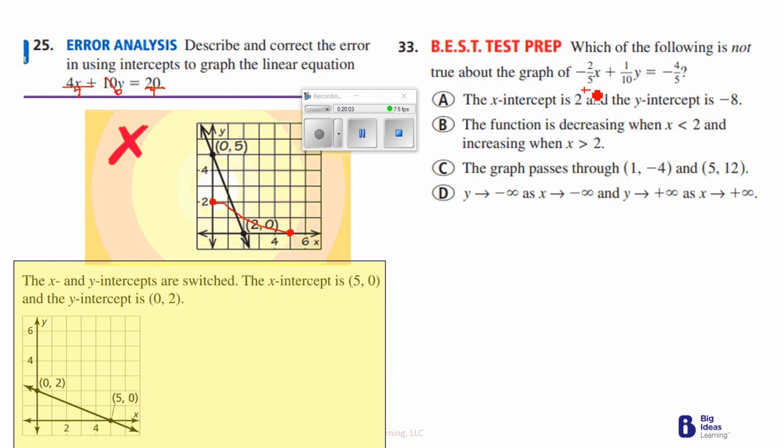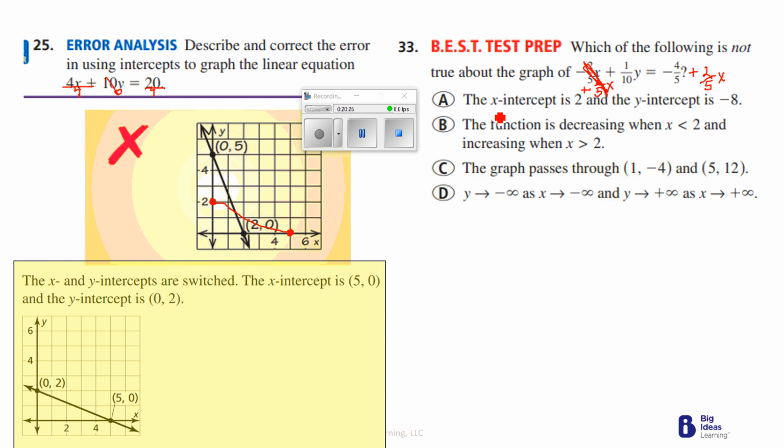So I'm going to add 2 over 5x to both sides, to get rid of this, but then I have to add 2 over 5x to this side. This means my x is going to have a positive slope. No matter if I'm multiplying 10 over 1 to both sides, this is still going to be positive.